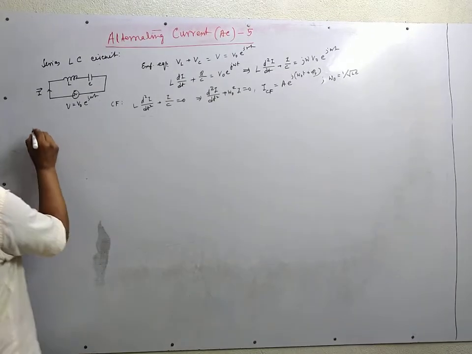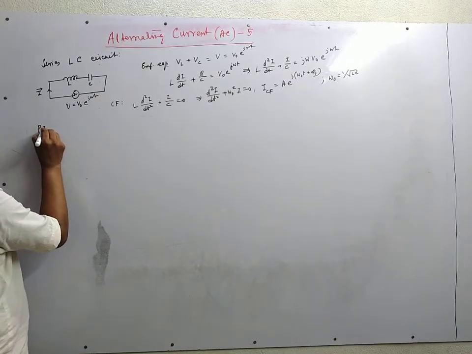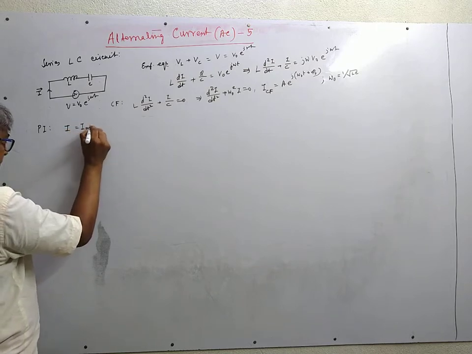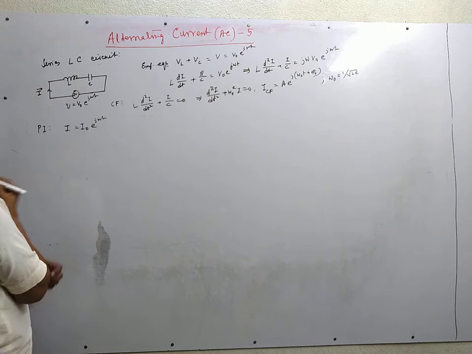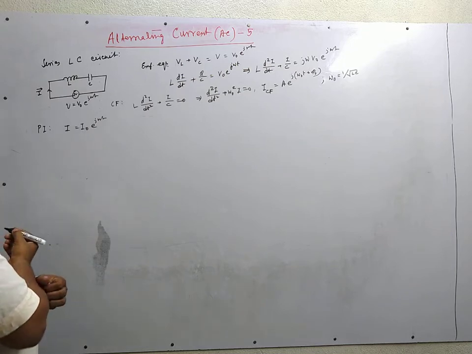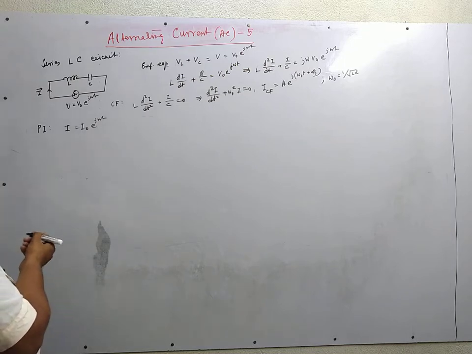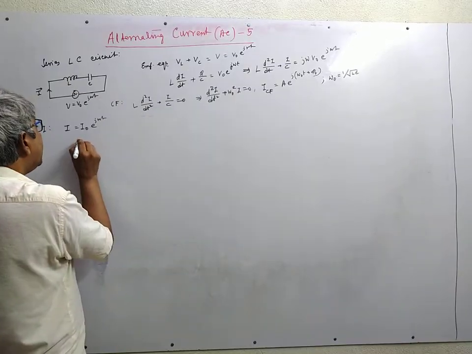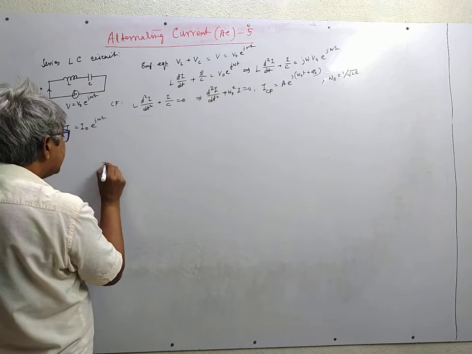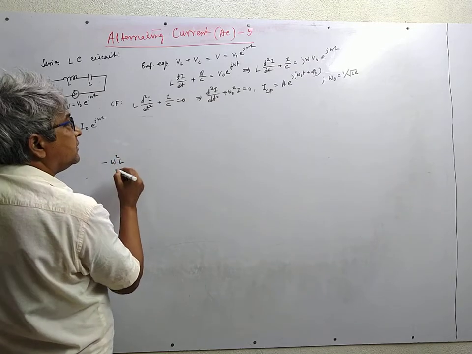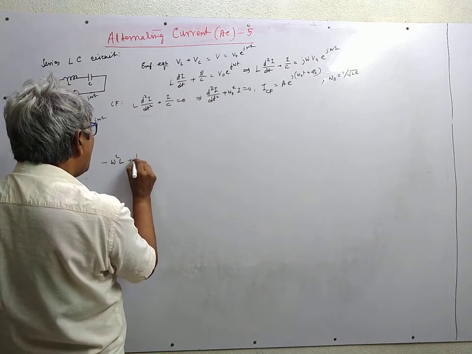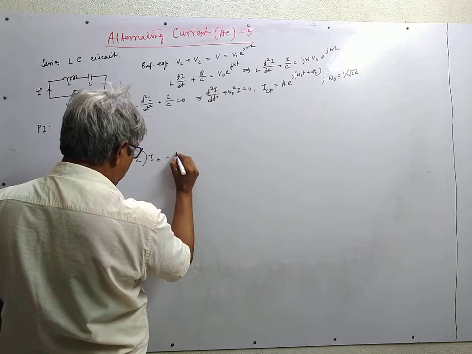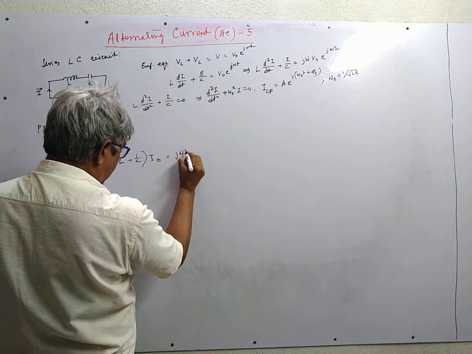And for PI, we write the solution as I is equal to I0 e to the power j omega t. And if we use this trial solution in it, we get minus omega square L plus 1 upon C I0 is equal to j omega V0.